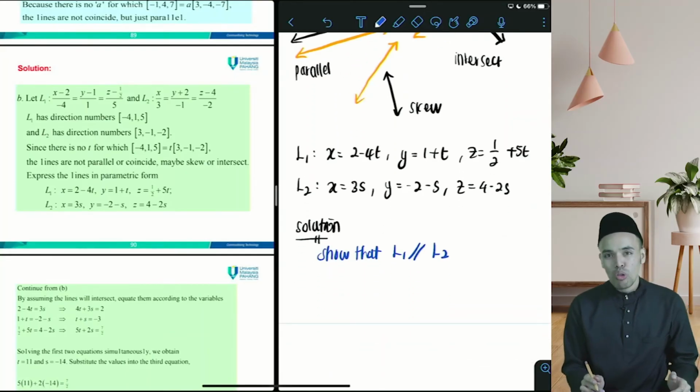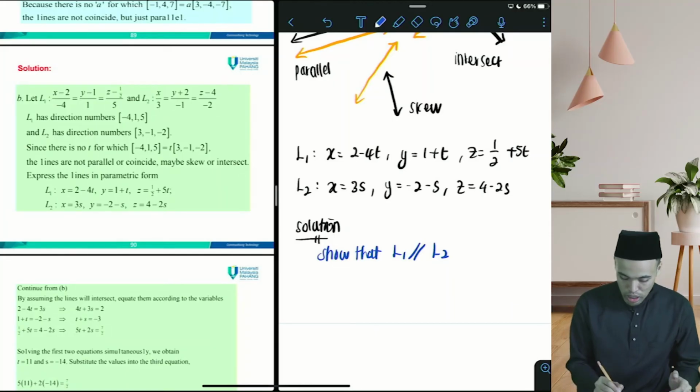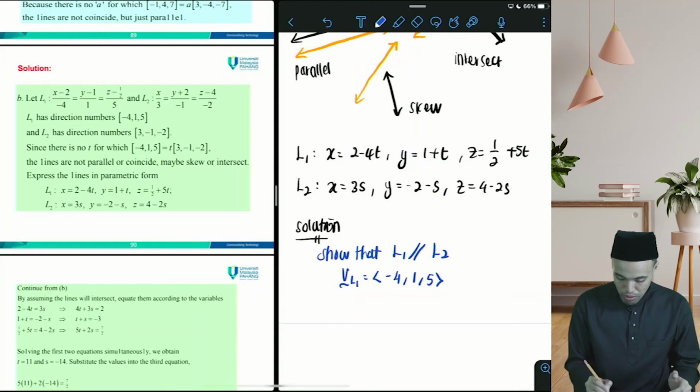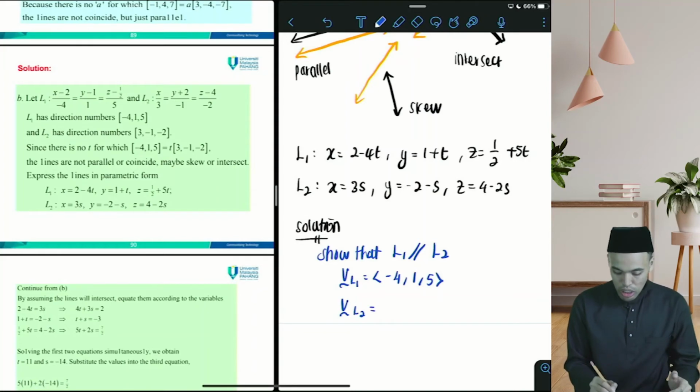In order to show two lines are parallel, you have to compare the vector parallel to each line. The vector parallel to L1 is (-4, 1, 5). The vector parallel to L2 is (3, -1, -2).